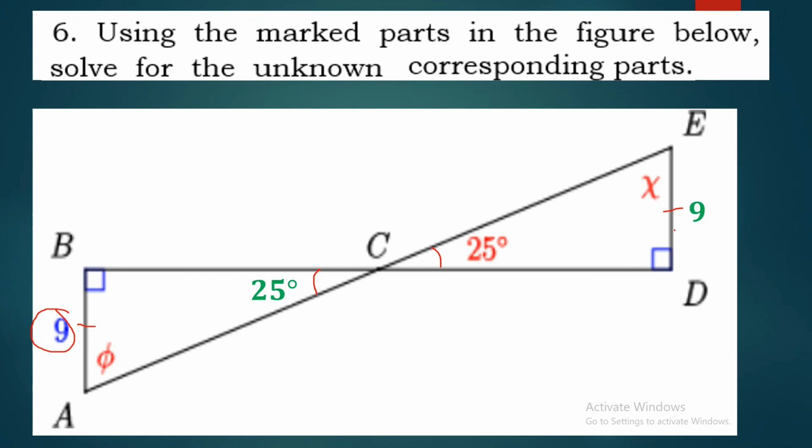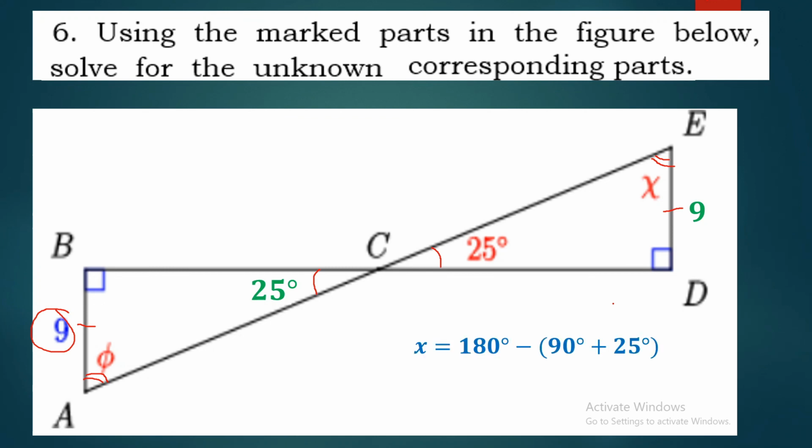And the next, we have this angle. Take note that this angle is congruent to this remaining angle on the second triangle. And to find the measurement of those two angles, we have to use the fact that the sum of the interior angles of a triangle is equal to 180 degrees.